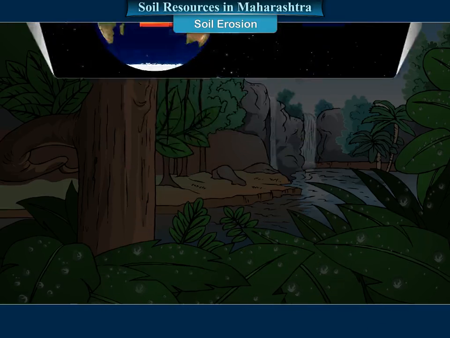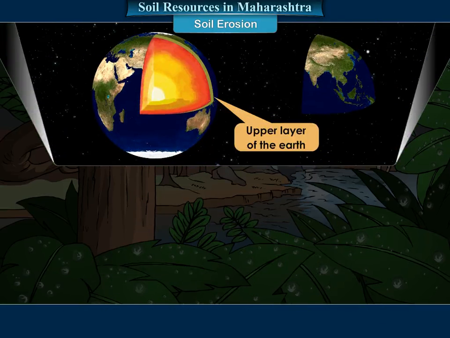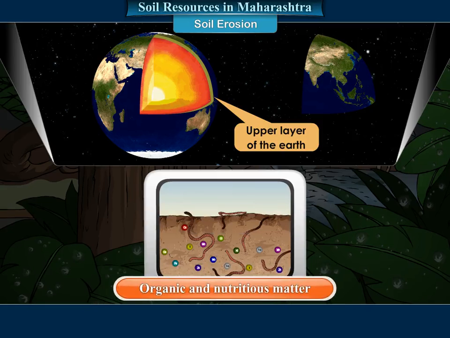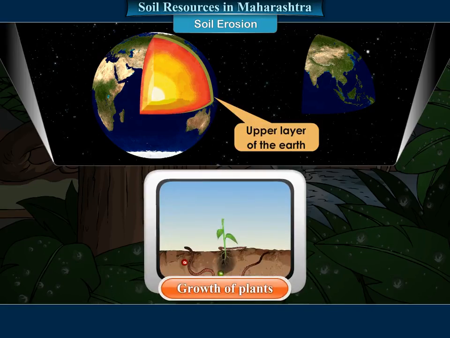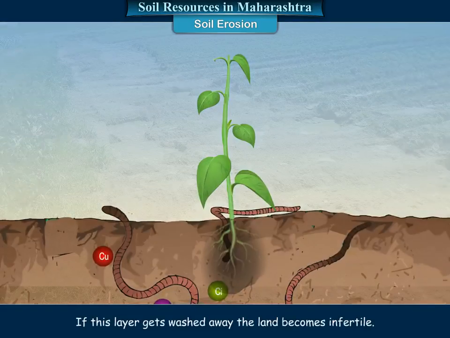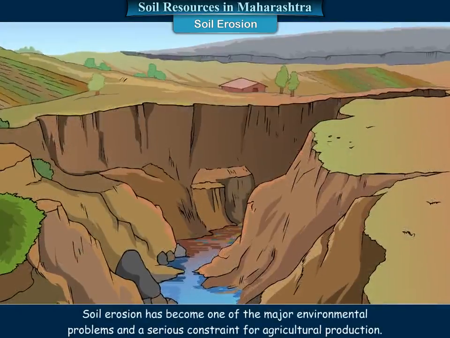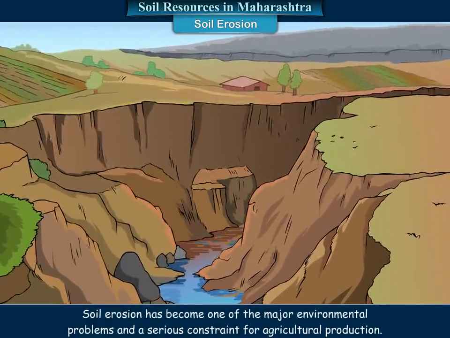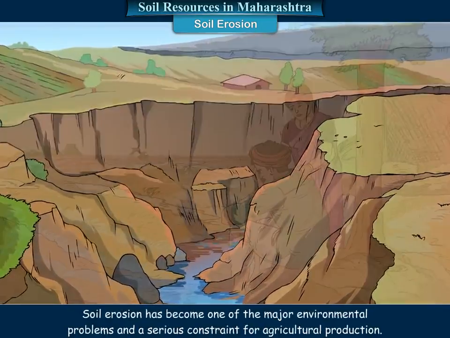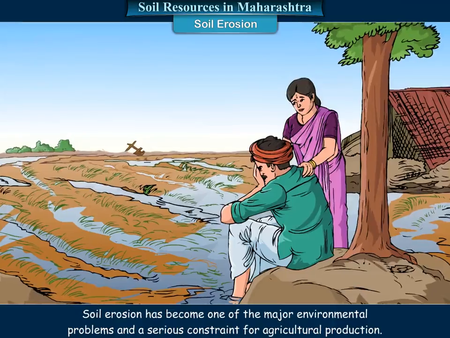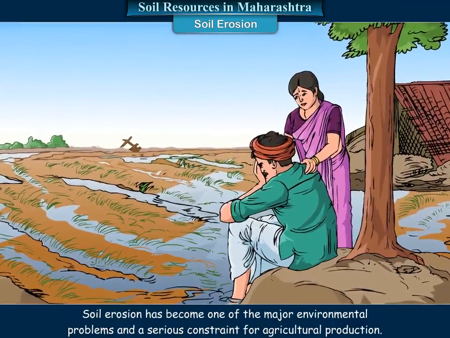Upper layer of the earth consists of organic and nutritious matter. This upper layer is important for the growth of plants. If this layer gets washed away, the land becomes infertile. Soil erosion has become one of the major environmental problems and a serious constraint for agricultural production.